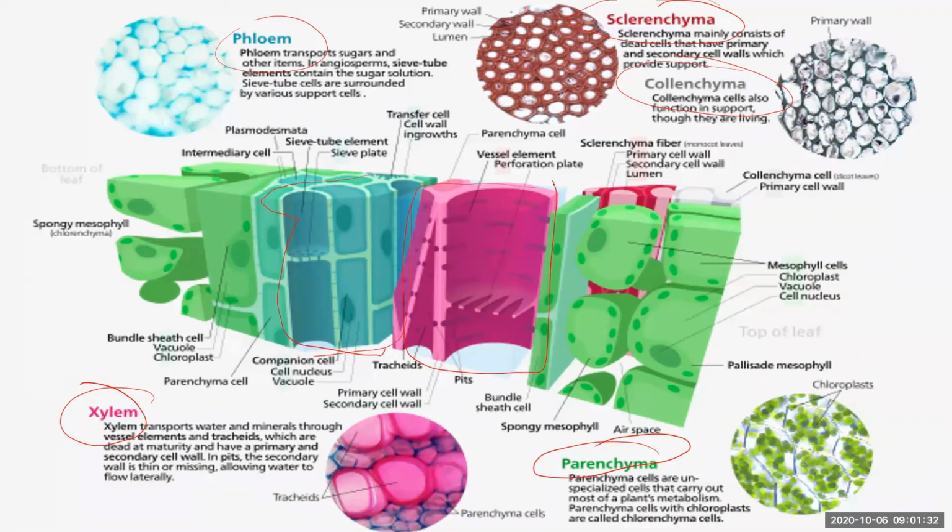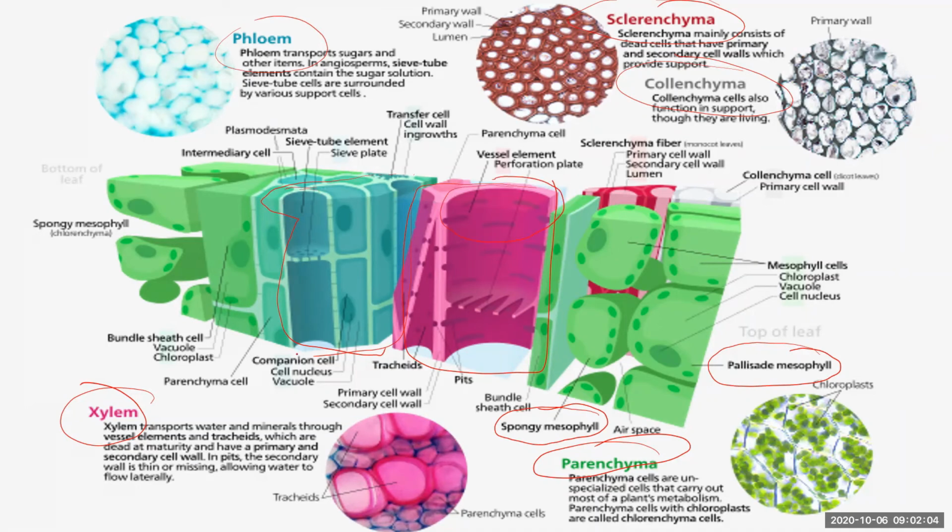Parenchyma is divided into palisade and spongy. Then we have the xylem with structures that are bigger compared to the phloem.